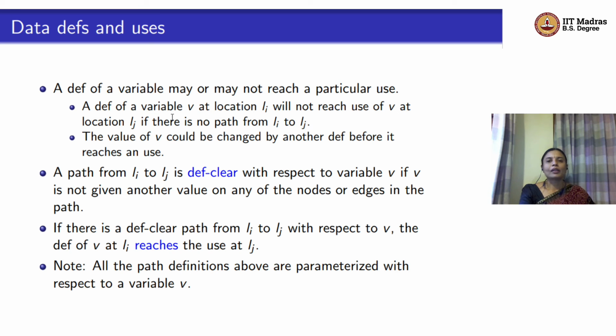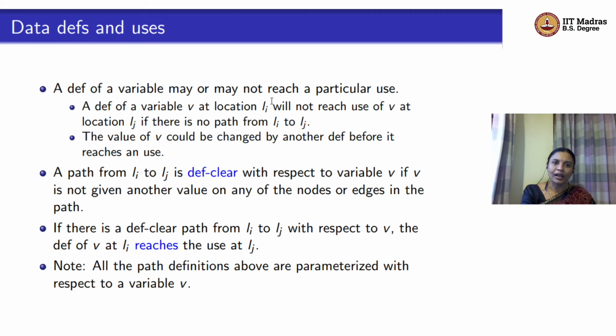If it is defined at a particular location and at a later location gets used as a part of a decision statement or as a part of another assignment statement, then we say that the definition of a particular variable, say v, at location li reaches the use of v at location lj, if v is defined at li and used at lj.